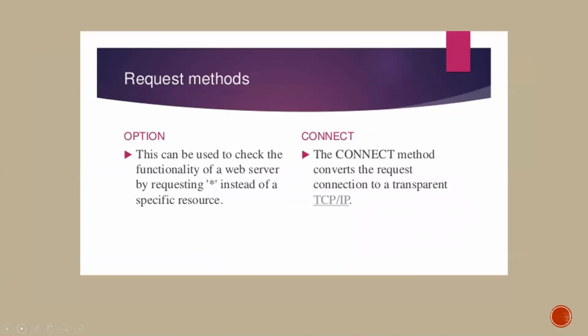Options can be used to check the functionality of a web server by requesting an asterisk instead of a specific resource. Connect: the connect method converts the request connection to a transparent TCP/IP tunnel.